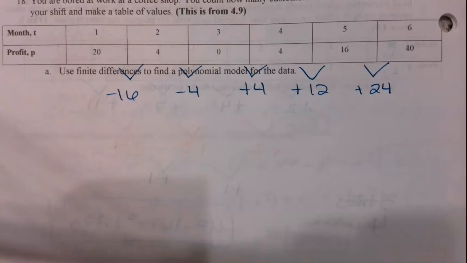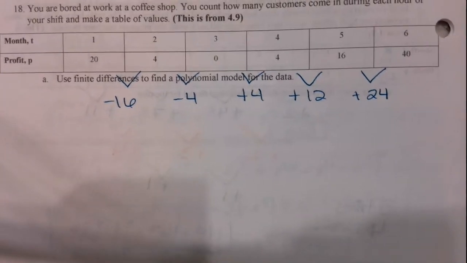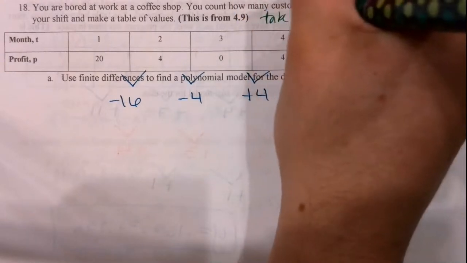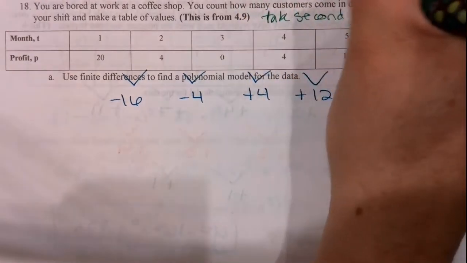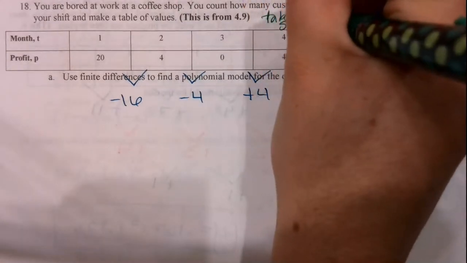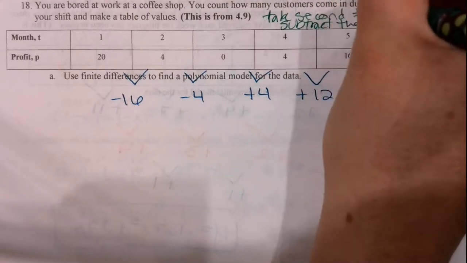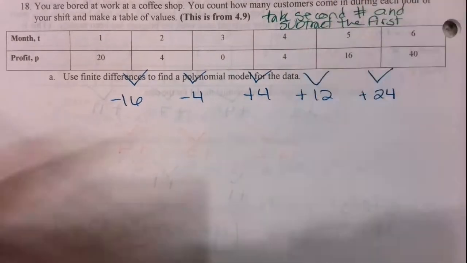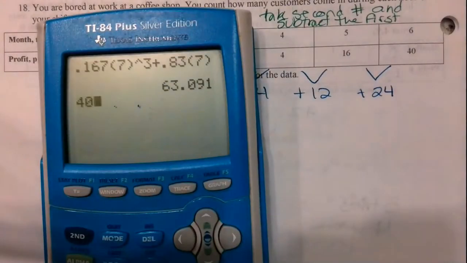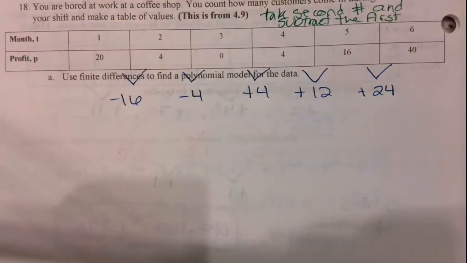If I ever don't know, I always take the second number and subtract the first. So on that last one I did, 16 and 40, if I wasn't sure, I would do 40 minus 16 to figure out that I have to add 24.